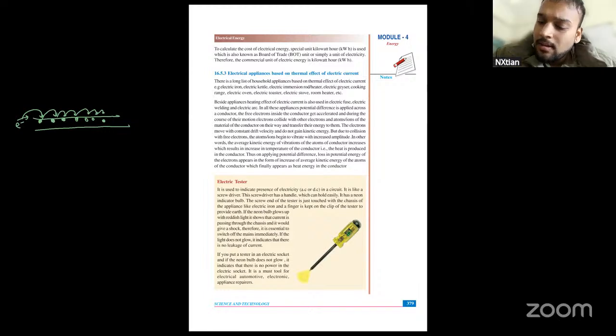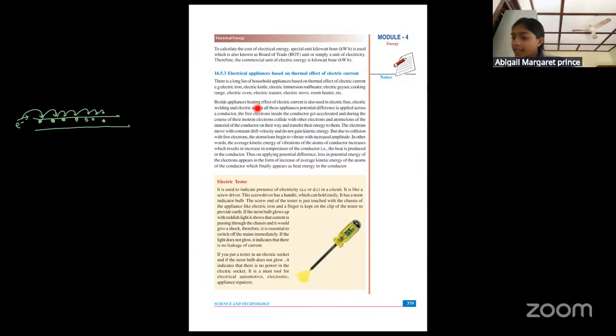Read it again from here. In all these appliances, potential difference is applied across a conductor. The free electrons inside the conductor get accelerated, and during the course of their motion, electrons collide with other electrons and atoms or ions of the material of the conductor on their way and transfer their energy to them.